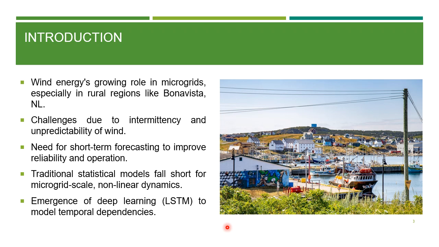Traditional statistical models like ARIMA fall short because they can't fully capture wind's chaotic nature. That's where deep learning comes into play. LSTM networks are particularly powerful because they model both short-term challenges and long-term trends in time series data, making them a strong fit for this type of problem.